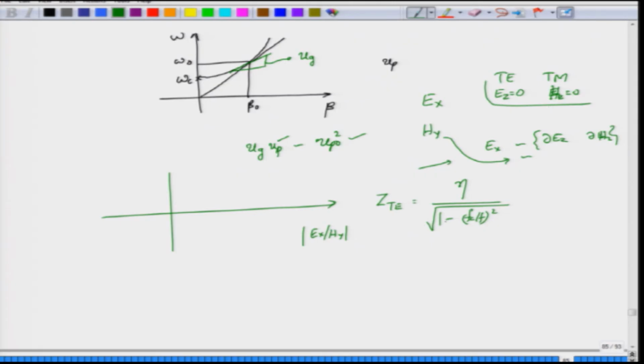Either they would be omega mu by beta or beta by omega epsilon. When you substitute the appropriate value of beta into the expression under these two conditions, you can show that ZTE will be eta divided by this factor, and ZTM will be eta times the square root of 1 minus (Fc by F) whole square.